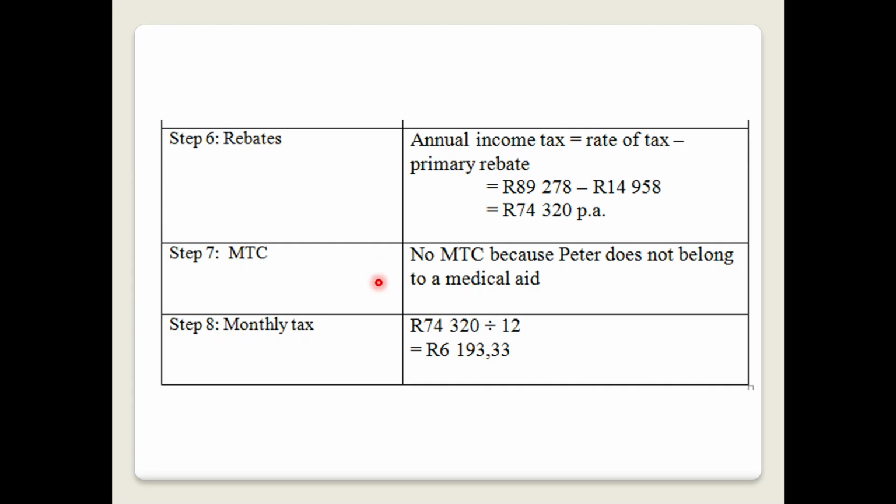And then if they did ask that you need to work out Peter's monthly tax, you take the annual tax and you divide it by 12. So the 6,193 Rand 33 cents is the amount that will appear on Peter's salary slip. This is the amount that will be paid over by the employer to SARS.